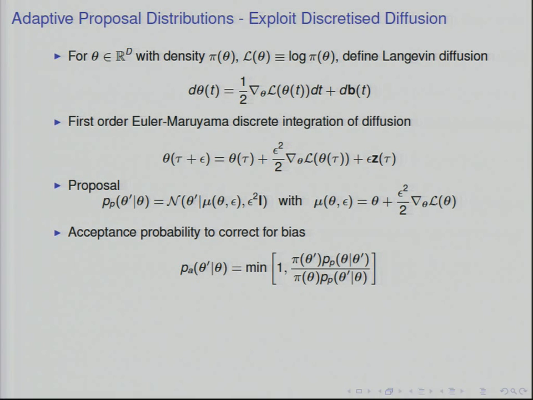Here, on the other hand, our proposal mechanism, the mean, is driven by the gradient of our target distribution. So that means it's going to be far more efficient, right, because it's going to be following the directional derivative into regions of high density.